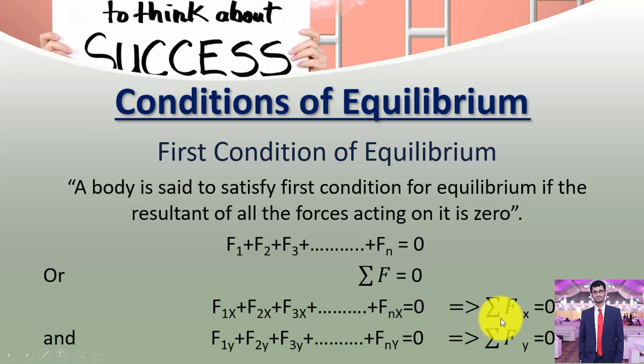So, sigma Fx is equal to 0. It means that the sum of all the forces that are acting along the x-axis must be equal to 0.